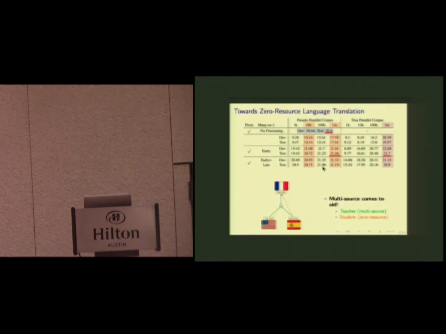By using 1 million pseudo-parallel corpus, we were getting 1 BLEU point better than the pivotal translation. And surprisingly, by using only 10,000 pseudo-generated samples, we were able to beat the pivotal translation.